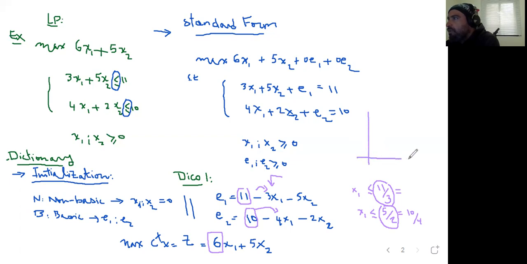If you draw the x1 and x2 axes, the initial point corresponds to the origin, right? Let me go back to how the feasible region looked from last time. Yeah, it looks pretty much like this.